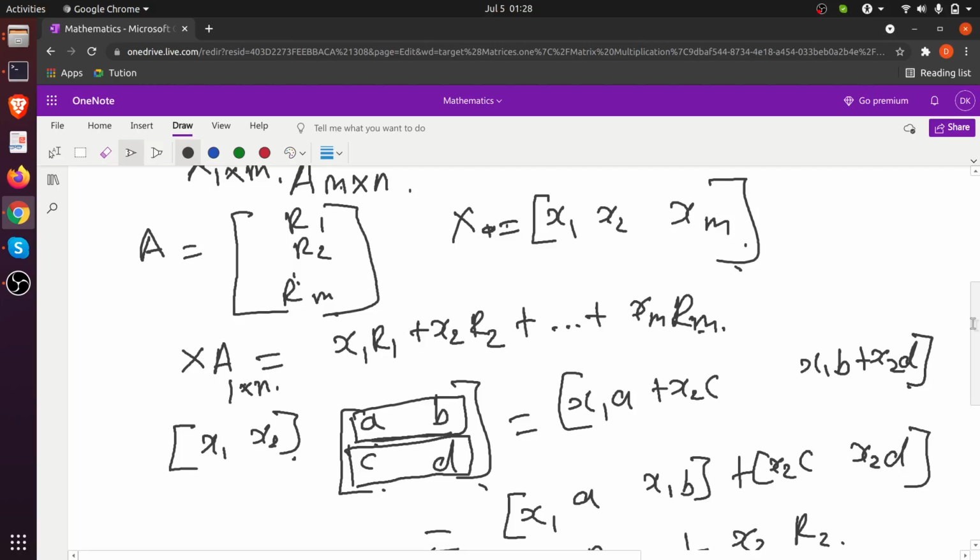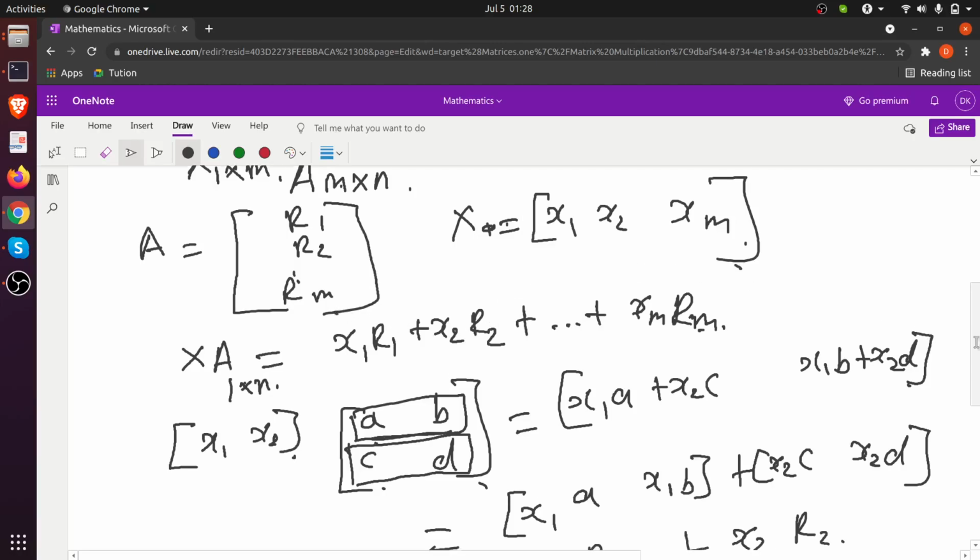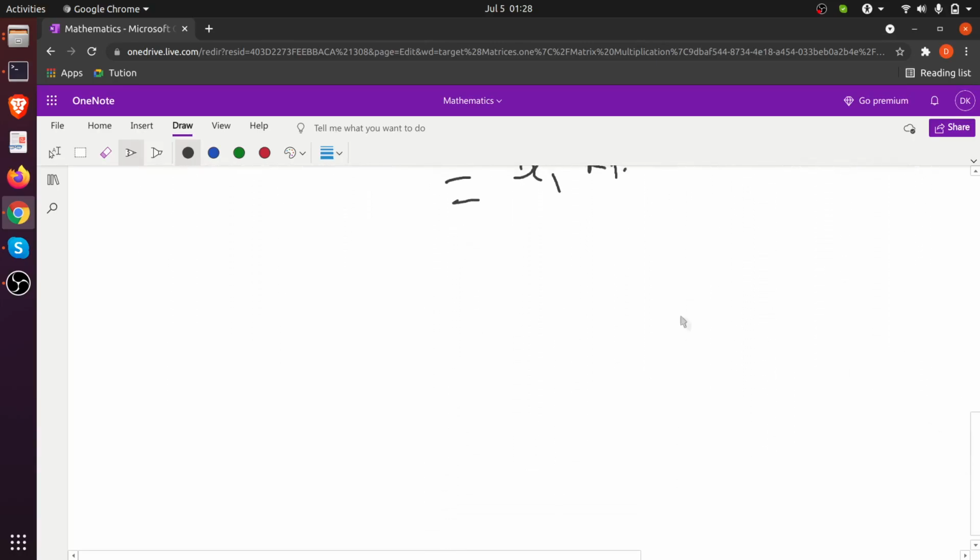We are not thinking in terms of each entry of the resultant matrix, we are thinking in terms of blocks of the matrix. Here I have divided the matrix A into blocks, where row 1 is considered a block, row 2 is a block, and so on. So this is a much grosser view.